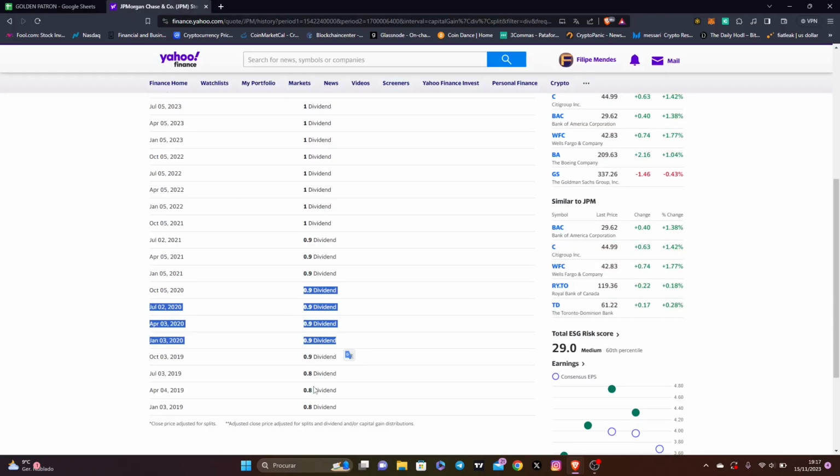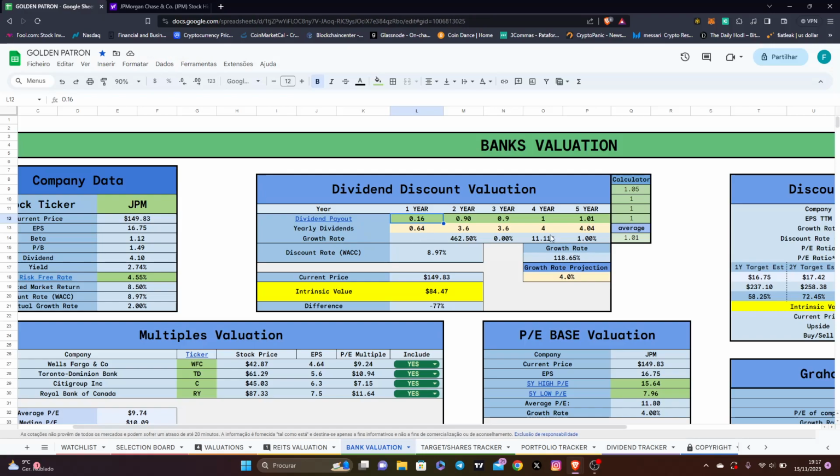And this one, 0.80. This is 0.83, I think. Let me see. Now drag it down. Yeah, 0.83. Alright, so I'm just going to leave it like this.